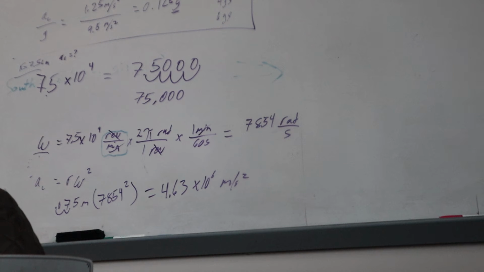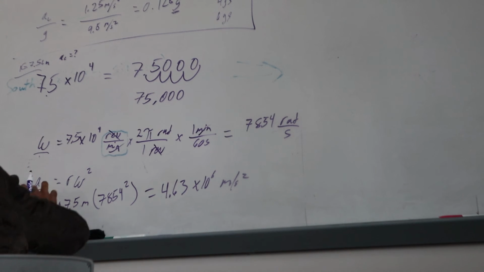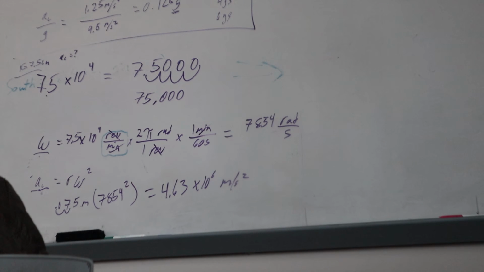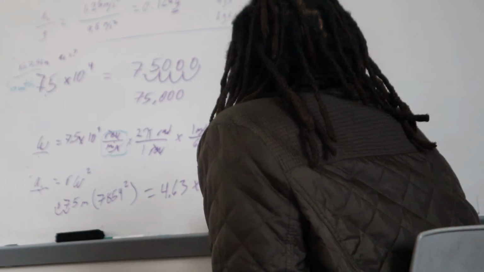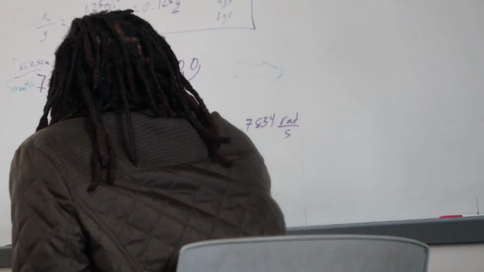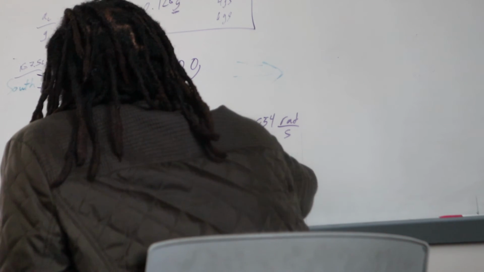So now we know our centripetal acceleration, but it asks us to do a ratio with gravity. Whenever they say do a ratio, that's just dividing by it. It's asking what this amount is compared to gravity.